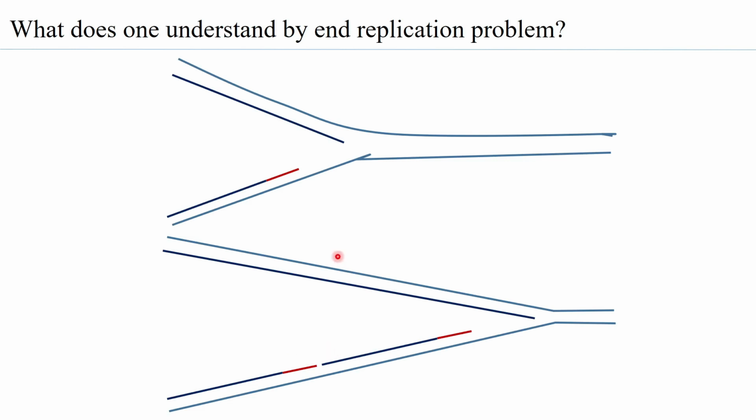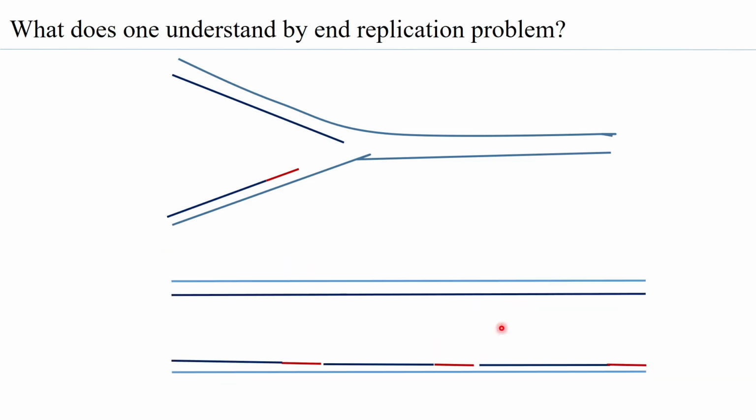And eventually, suppose the replication fork moves till the end of a linear DNA, what is going to happen? You have the template used to form the leading strand complete, while in the other strand you have the Okazaki fragments, and these Okazaki fragments are being matured.